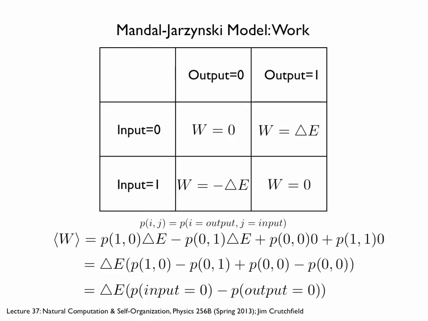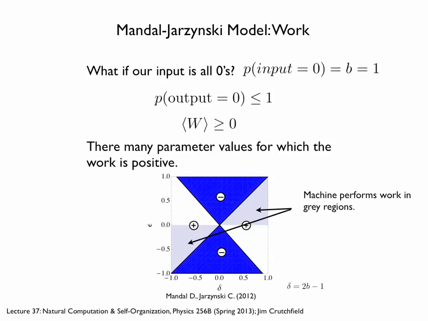And the minus the probability of input 1, output 0 minus output 0, output 0 is just minus the probability that your output is equal to 0. So this is easily evaluatable right here. The probability that your input is 0 is just given to us by our assumed bias. And the probability that output is 0 is something you can get from the Markov model.